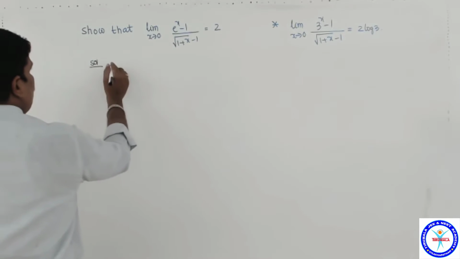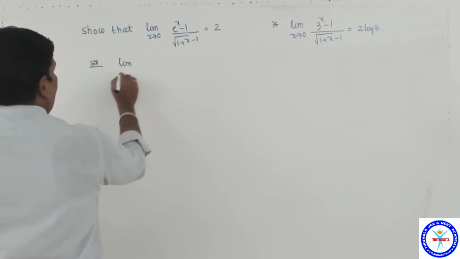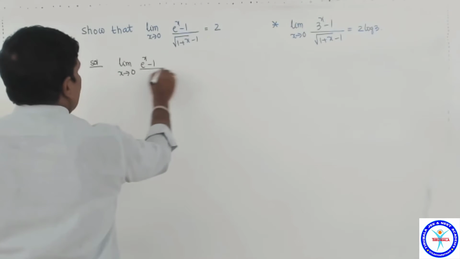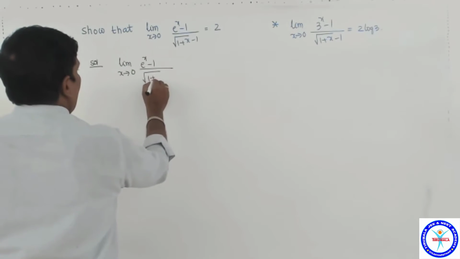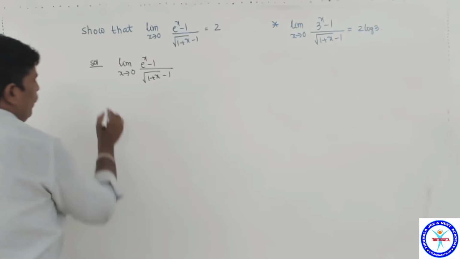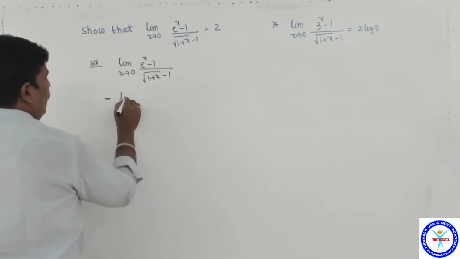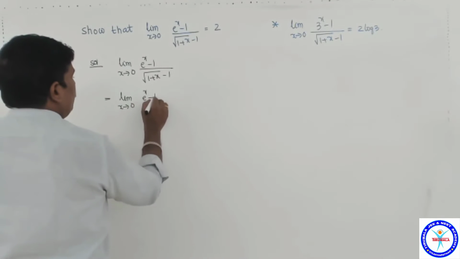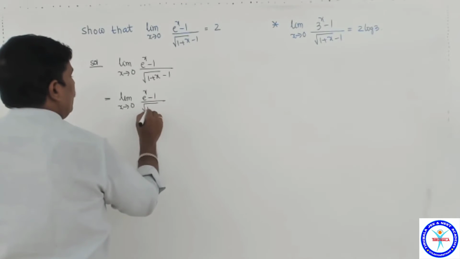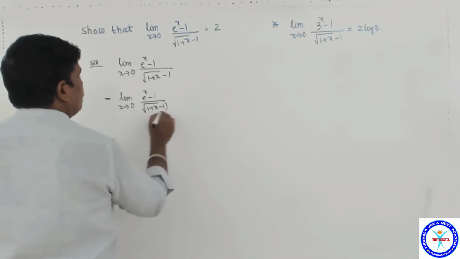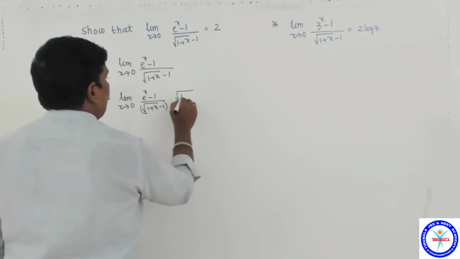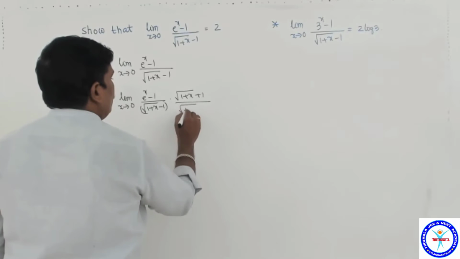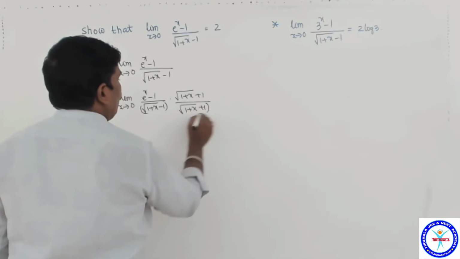Now limit x tends to 0, e power x minus 1 by under root 1 plus x minus 1. This is equal to limit x tends to 0, e power x minus 1 by root 1 plus x minus 1, into root 1 plus x plus 1 by root 1 plus x plus 1.